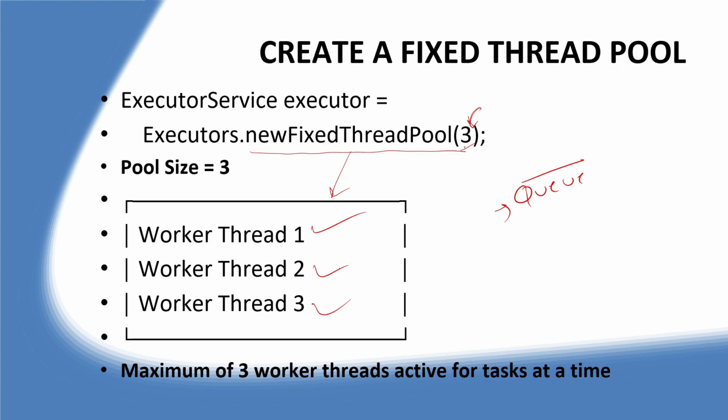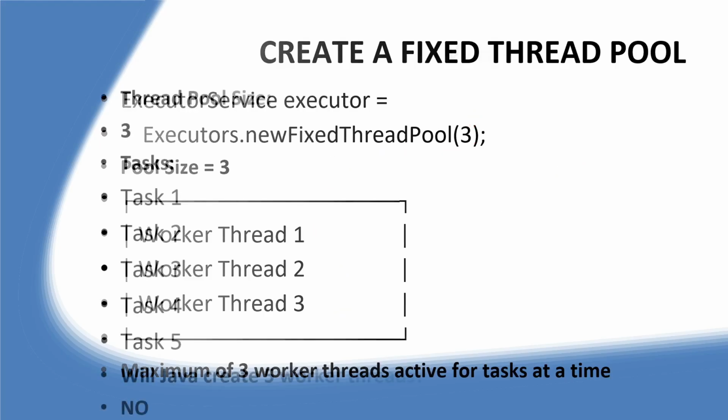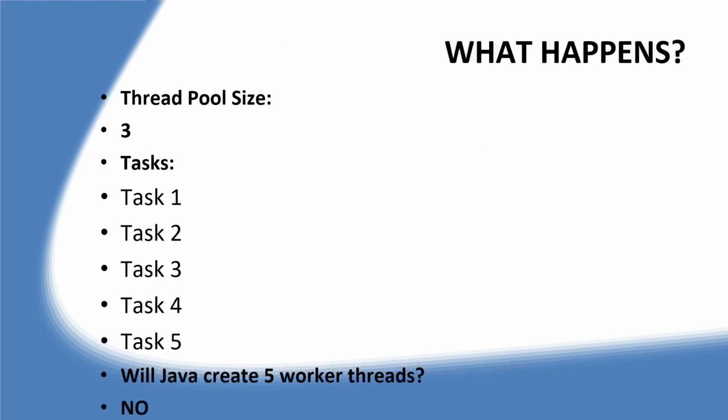So what happens if we submit 5 tasks to a pool containing only 3 worker threads? That is the question. We have 3 worker threads and I am providing 5 tasks. How will it manage? Suppose our fixed thread pool has 3 worker threads. Now we submit 5 tasks.